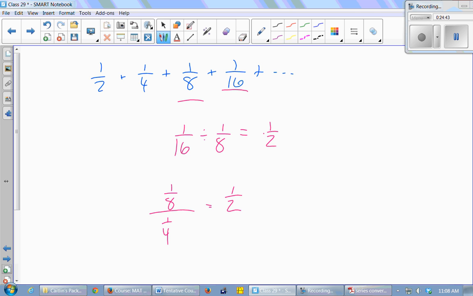Right? This is the definition of a geometric series. When I explained it to you the first time, I said it has some constant multiplier, right? To get from term to term. This is the same thing. If you take any term and divide by the one before it, you get that constant multiplier.